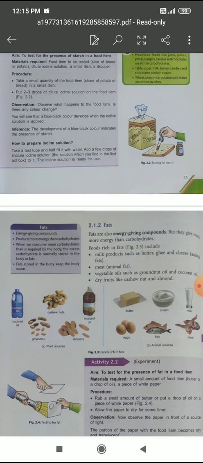Then, fats. Fats are also energy giving compounds, but they give much more energy than carbohydrates.